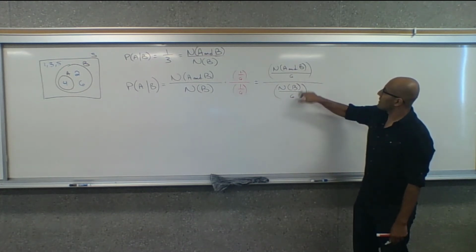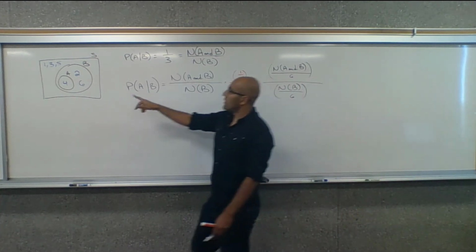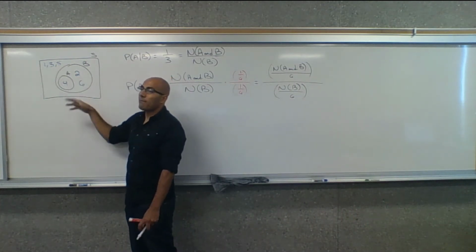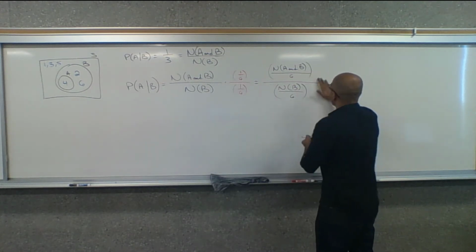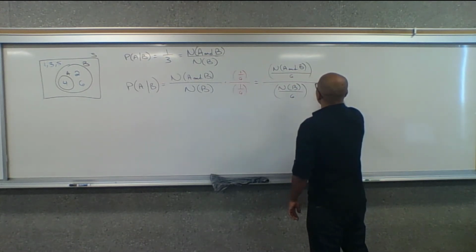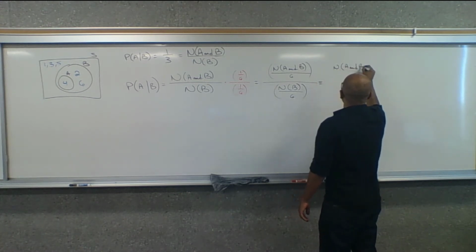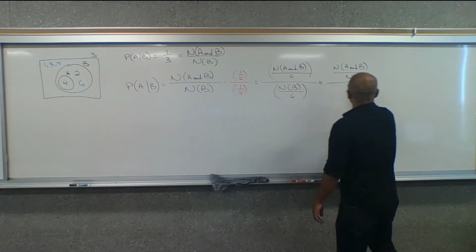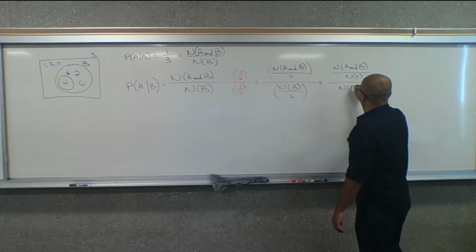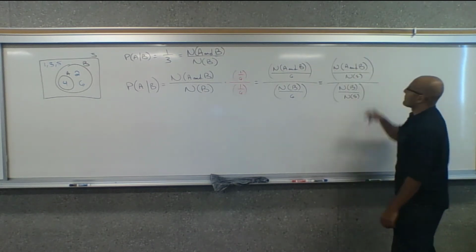And then 6, isn't that the same thing as n of S? The number of values in our entire sample. That's why I happened to pick the 6. So this is the same thing as n of A and B divided by n of S, divided by n of B divided by n of S. Good?